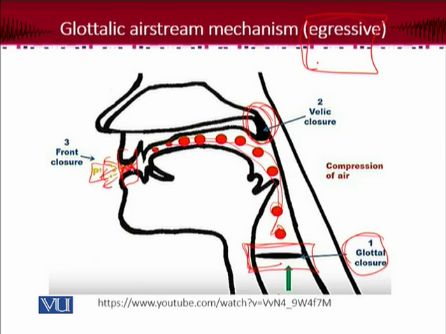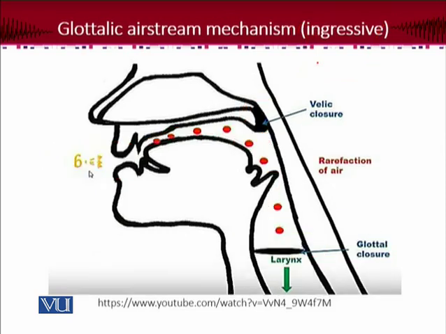All right, and then there is one more possibility, ingressive. For ingressive, again, all three closures are there similarly, right? I'm closing it down. This is the front closure, just imagine for the time being. So again, this air pressure is created, but this time it's the rarefaction of the air, rather than compression.